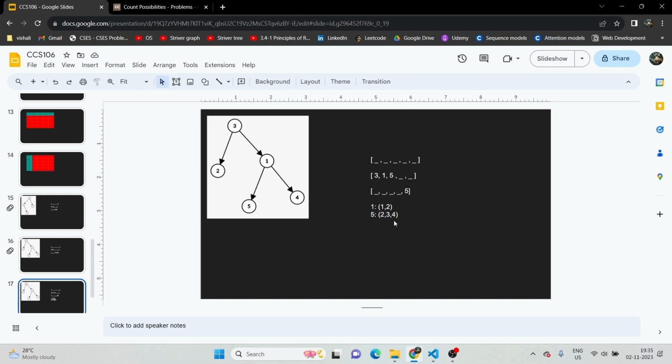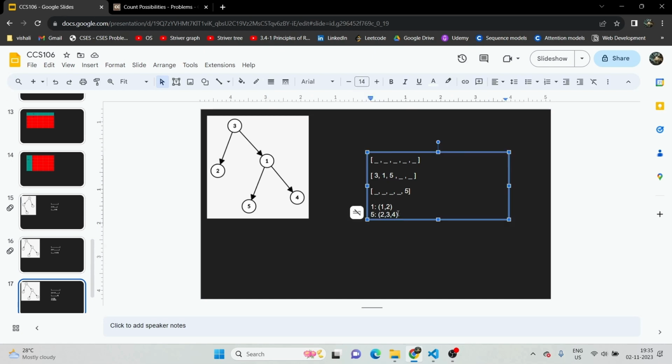Given these intervals, we have to find in how many such intervals a given index falls. So let's say we want to calculate the value for the second index.